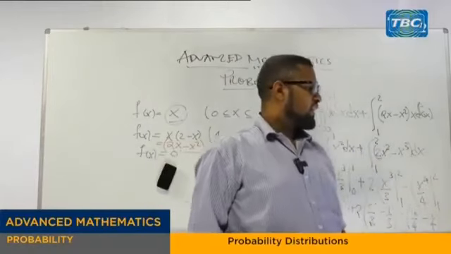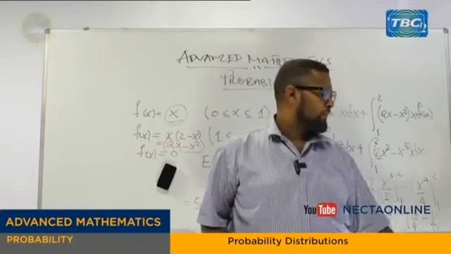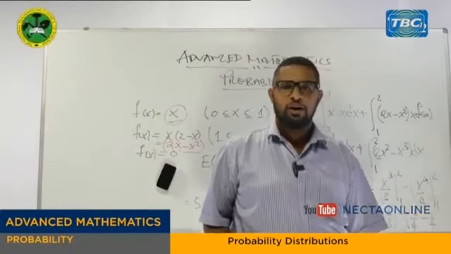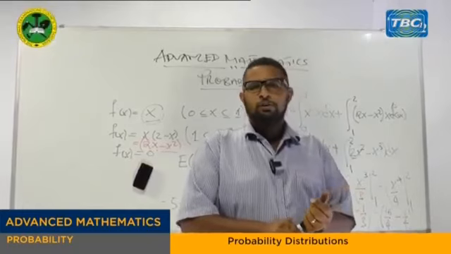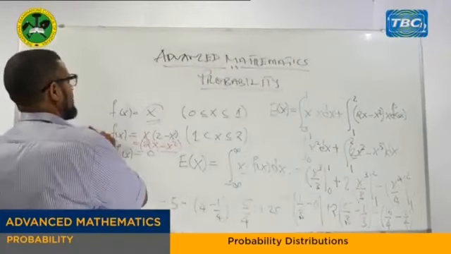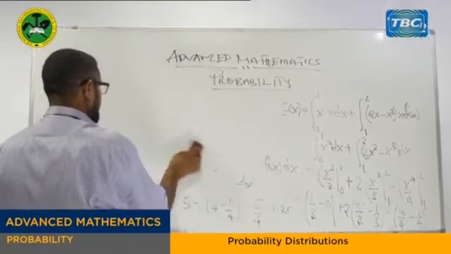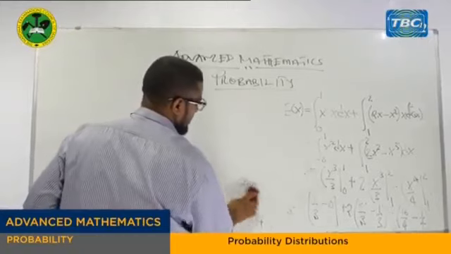Now let's check the second one. We are also to find the expectation of variable x when it is squared. Now what are we supposed to do, my dear student? Again, you remember the formula and then look at the needs of the formula. Thereafter, simplify.